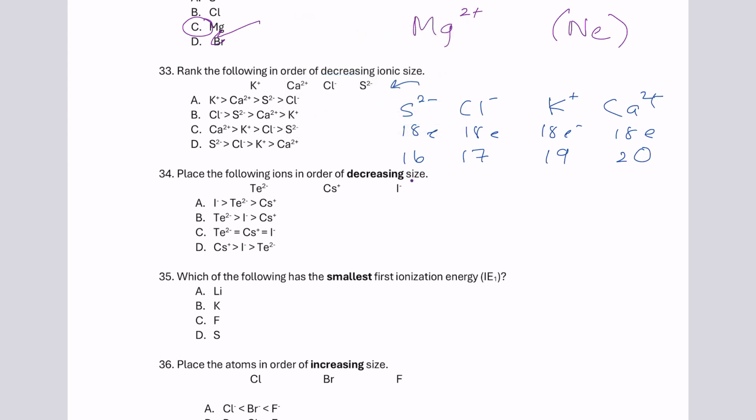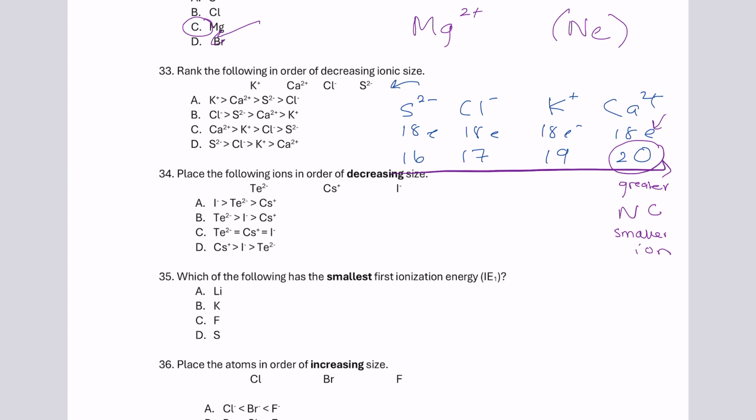With this increase in protons, the more protons there are for the same number of electrons, the greater the nuclear charge, which means this results in a smaller ion.